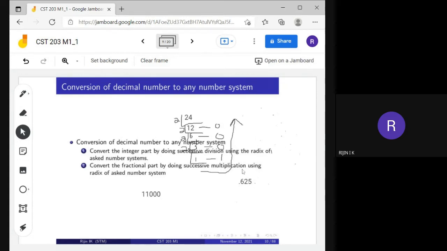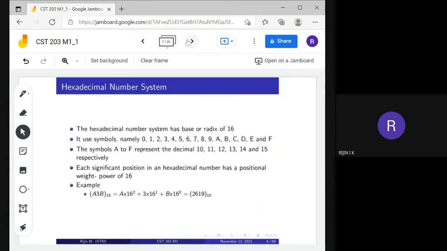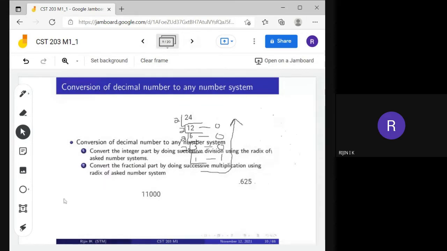So this is the fractional part. In that case, what you have to do? As per the rule, we need to perform successive multiplication operations with the given number.